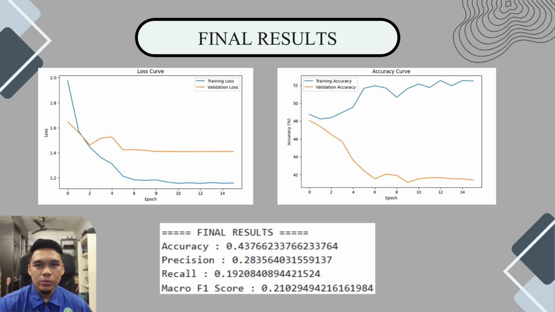Based on the performance evaluation, the final model achieved an overall accuracy of 43.77%, a precision of 28.36%, a recall of 19.21%, and a macro F1 score of 21.03%.